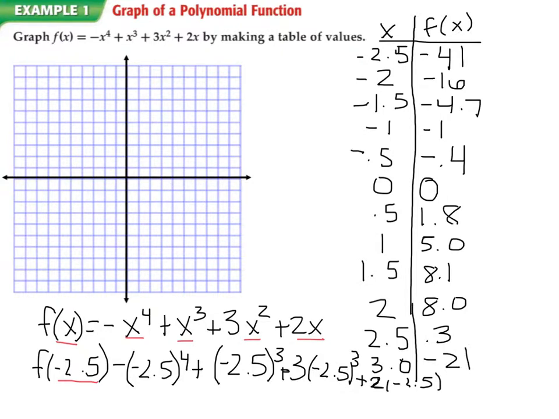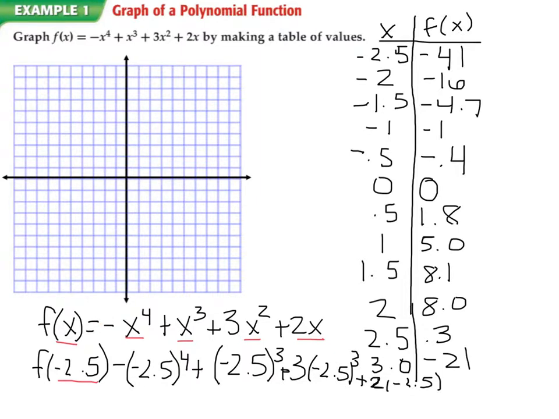Okay, so let's go ahead and graph these. We have negative 2.5, negative 41. If I'm looking to graph this, I go over to the negative 2.5 area, and negative 41 is going to be way off my graph, so I'm not going to be able to graph that one.